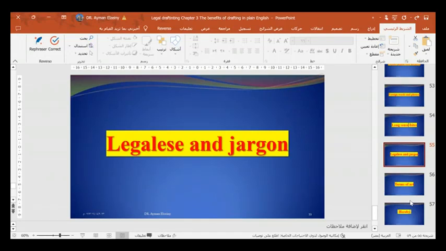Herewith and therein are pure legalese, as is the same, a phrase for which drafters have a fondness.